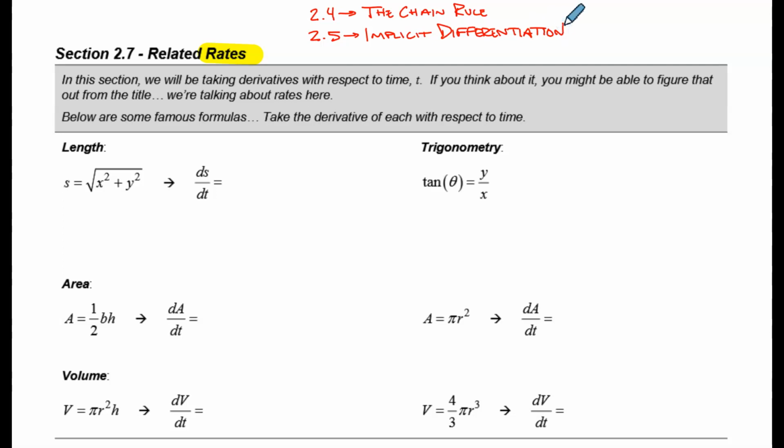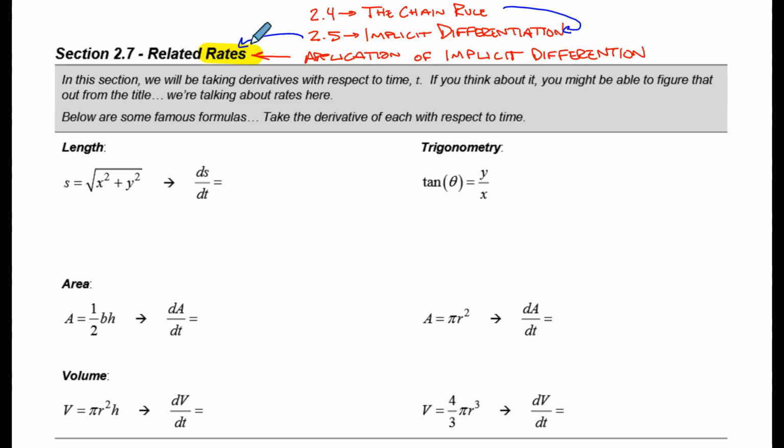Well, now in 2.7, we're talking about related rates. Related rates is an application of implicit differentiation. And then you hopefully remember from our discussion on implicit differentiation that it is an application of the chain rule. So we're going from chain rule to implicit differentiation, and then implicit differentiation to related rates.